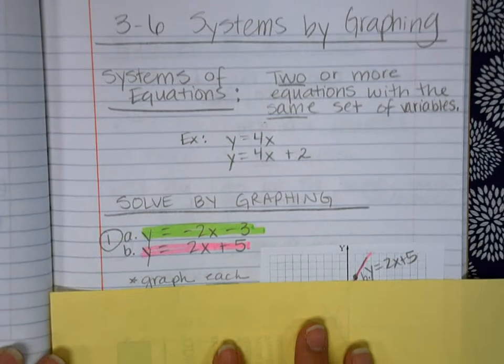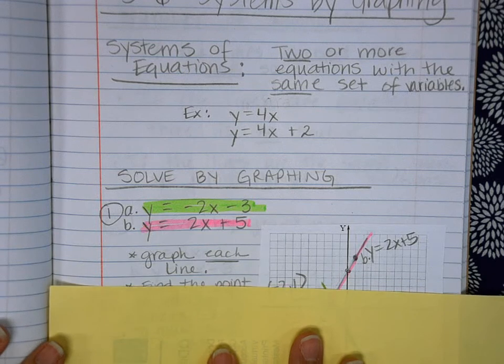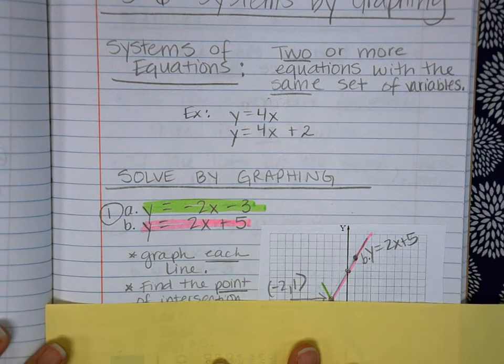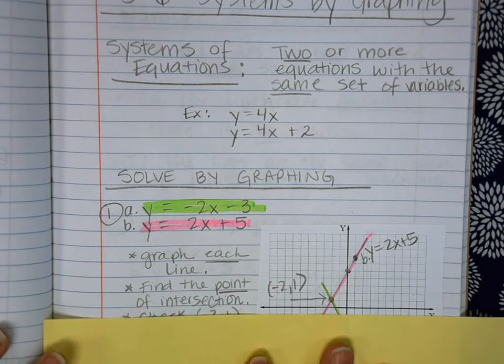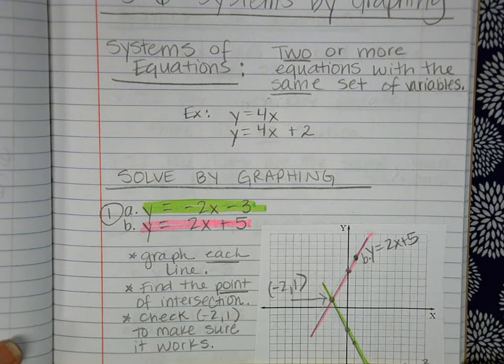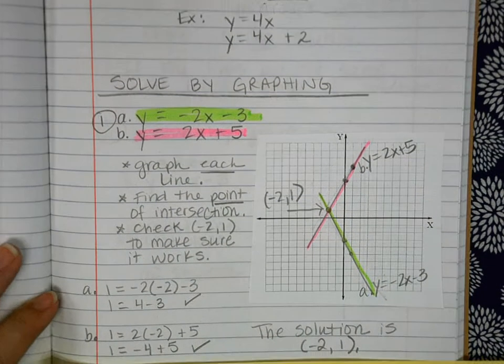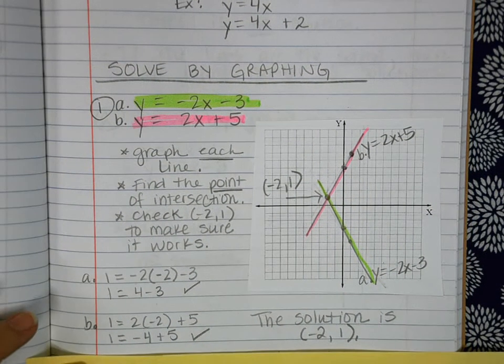Okay? So here's what you're going to do. You're going to glue your little graph paper down. Then you're going to graph each line, which I highlighted for you so you can see them. Find the point where they intersect, and then you can plug it back in to make sure it works. So go ahead and do all of this information here.